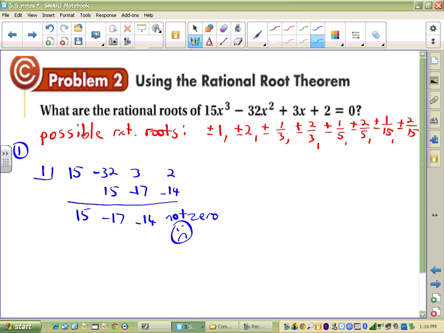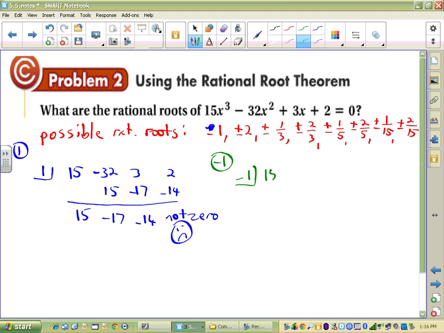So guess what? We know that positive 1 isn't one of the rational zeros of this cubic function. You know what that means? We try again. So let's try negative 1. So we put a negative 1 in the box.